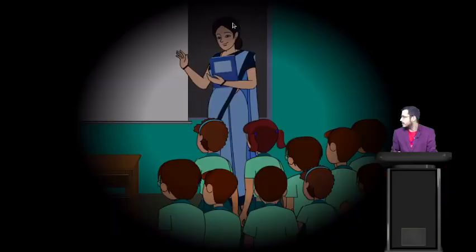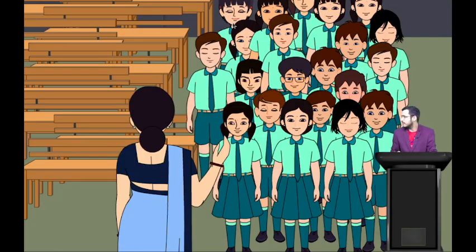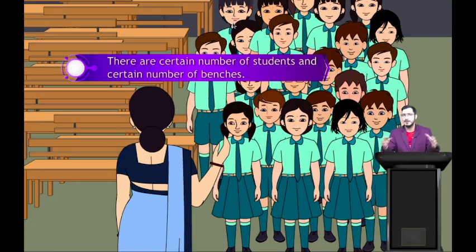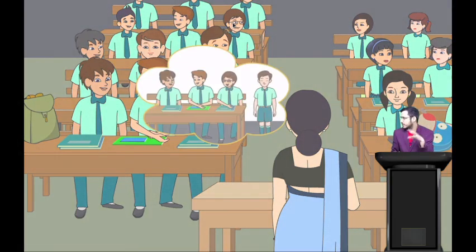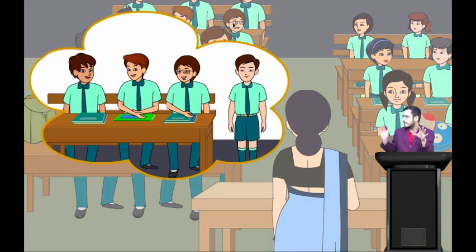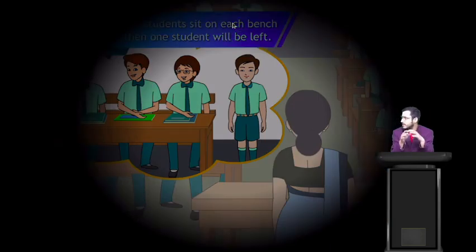You can see here the situation, students and teachers, the conversation between student and teacher. There are a certain number of students and a certain number of benches. When 3 students sit on each bench, then 1 student will be left.